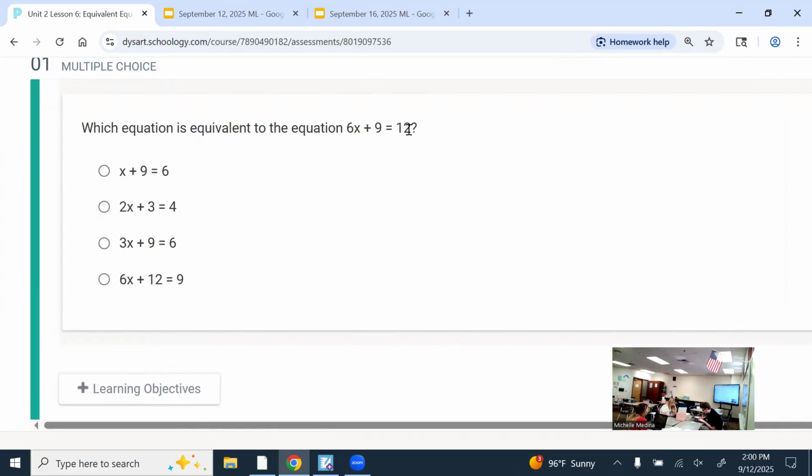How can I go from 12 to 6? Good, you could subtract 6. That's not what they did on this side though, because then it would be 6x plus 3, right? So how else can I go from 12 to 6?